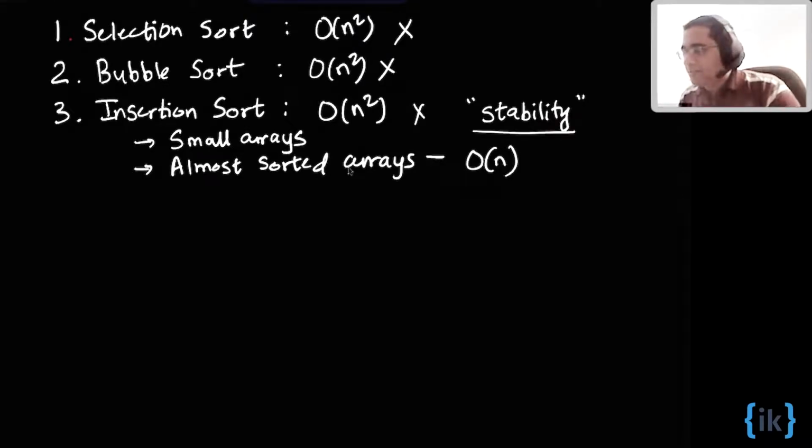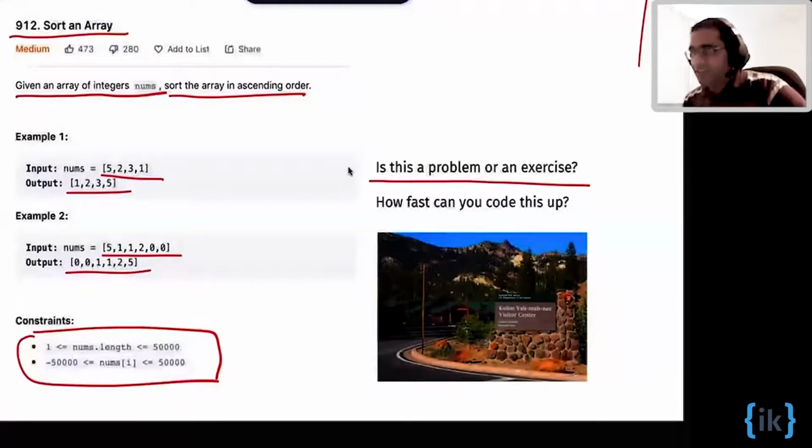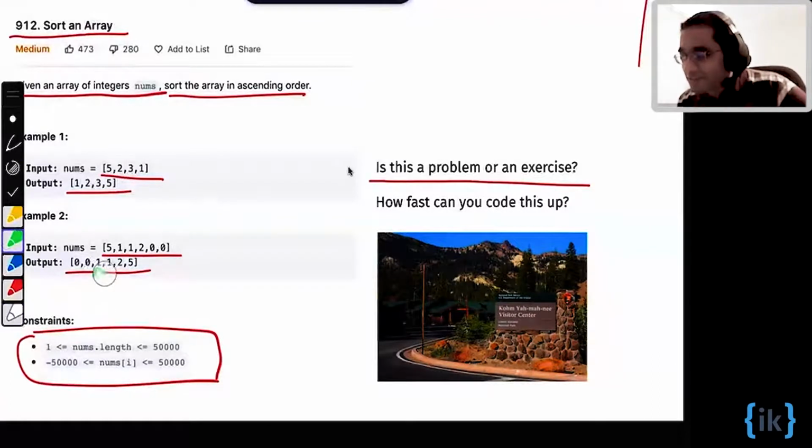But having said that, stability is something we care about normally when you're trying to sort objects that have other fields as well. Here, we only have integers given to us. So it doesn't matter which of the 2 ones here appears first, right? Because as far as we are concerned, they're identical.